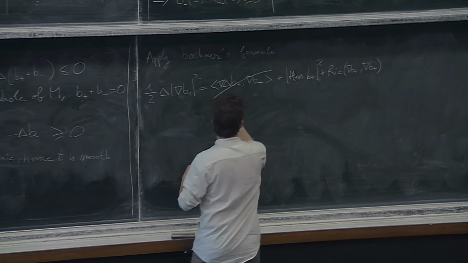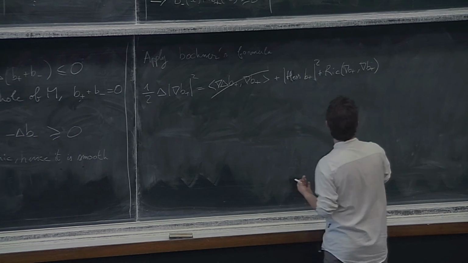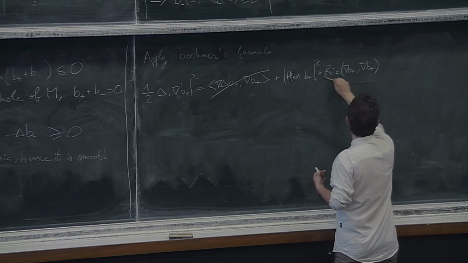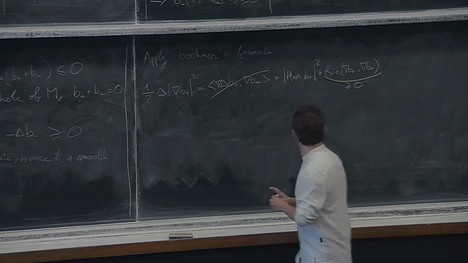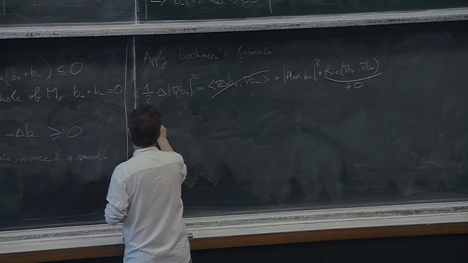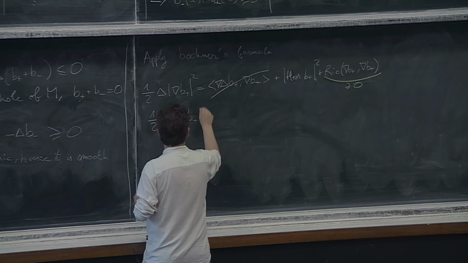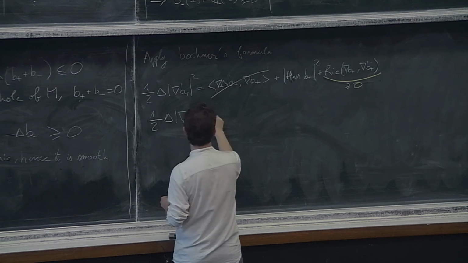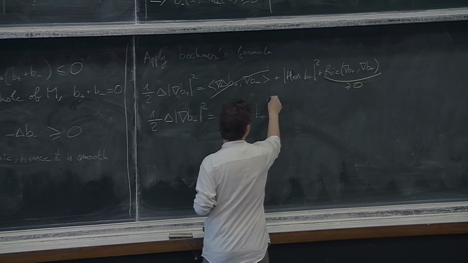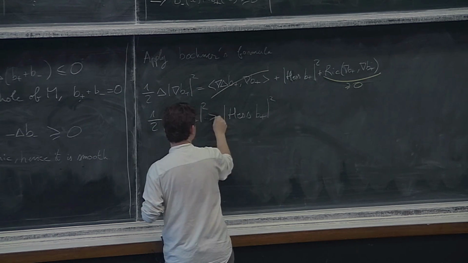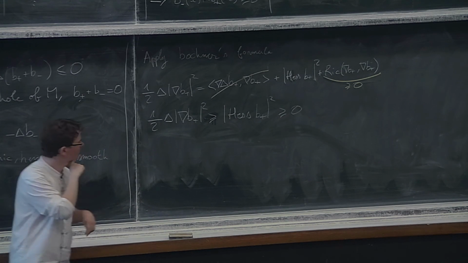This goes out. We have something which has non-negative Ricci curvature, so this goes down too. At least it has a sign. So 1/2 of the Laplacian of gradient b plus squared is equal to the Hessian of b plus squared. It's greater than that, which is greater than 0.